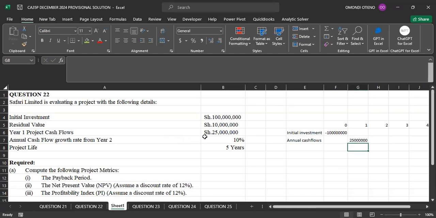So that's where we have our 25 million. Why are we not putting a negative? Because it is cash inflow.